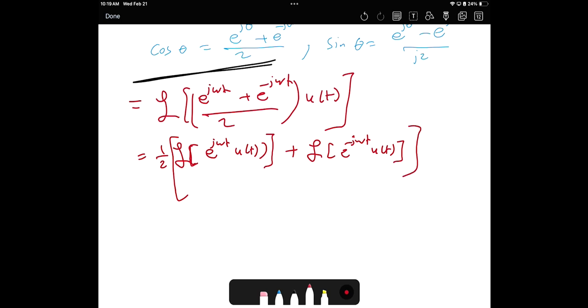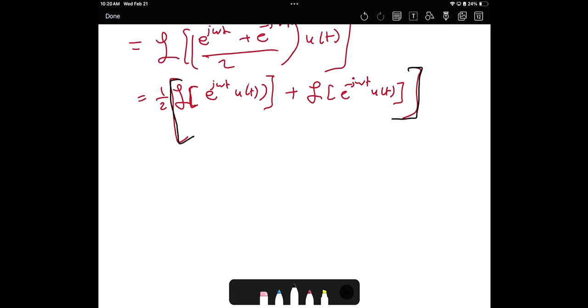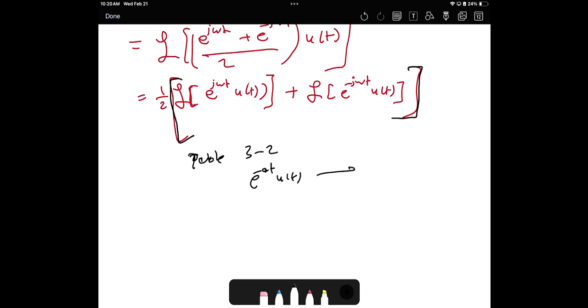Then we close the big brackets. According to the Laplace transformation table of properties, table 3.2, we have e power negative a t u of t, and the Laplace transformation is 1 over s plus a.